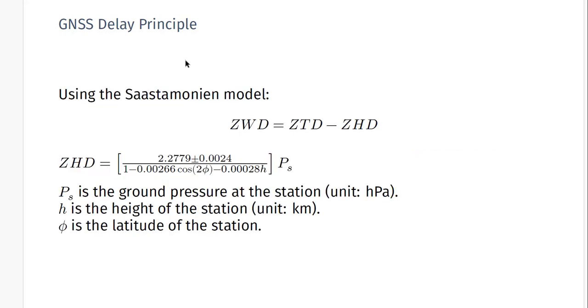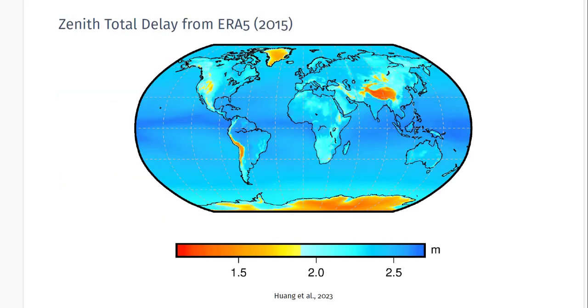I'm not going into details here, but I'm just letting you know that they are very simple terms. It looks complicated, but it's really only a very simple approximation of the dry delay based on the pressure, the height of the station, and the latitude of the station. So essentially, when you know the pressure of that day, you know how much water vapor is in there. So that's something that we can use to correct for the dry component.